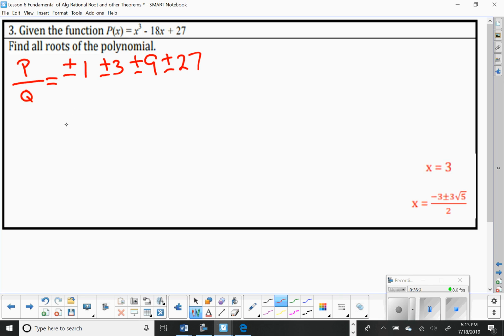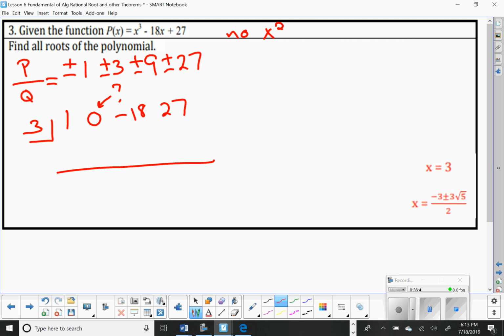Now, I would graph it, and after graphing it, you would notice that it looks like it's crossing at 3. So you would have 1, 0, -18, and 27. Ooh! Where did the 0 come from? There is no x squared, so I have to account for it in my synthetic division.